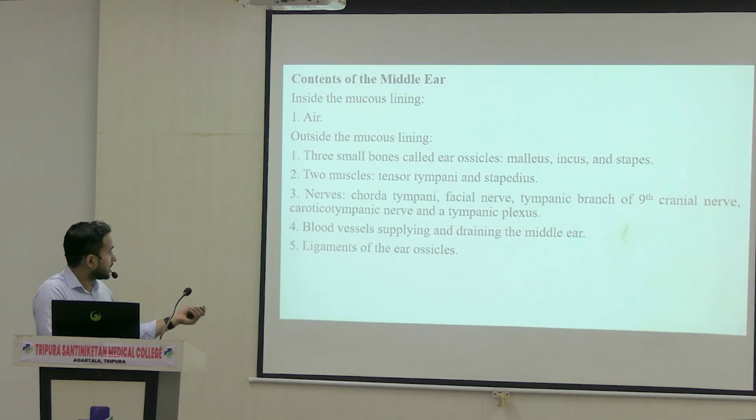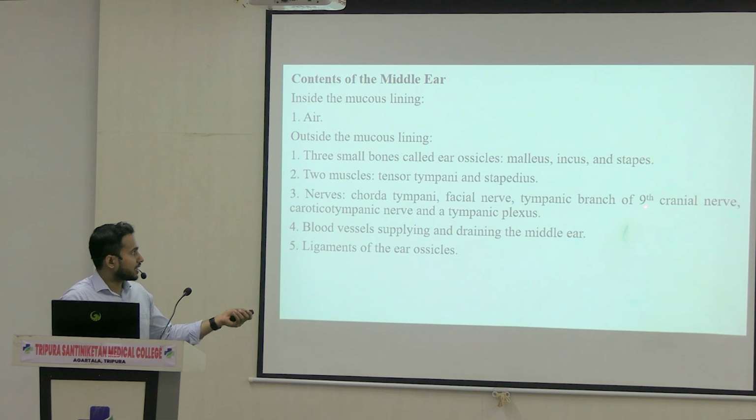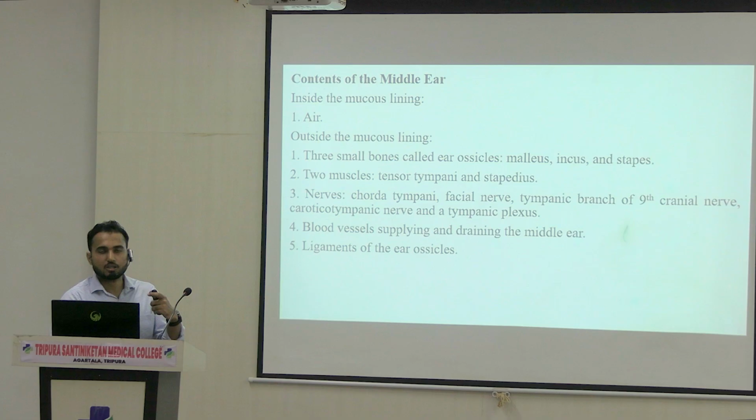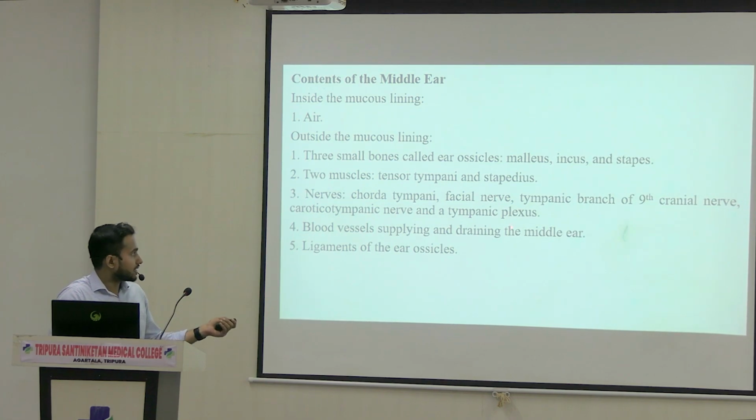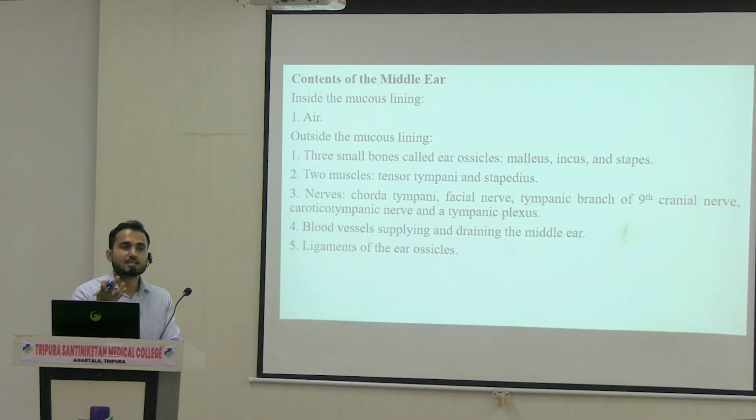First of all, the chorda tympani nerve, which is a branch of the facial nerve, then the main stem of the facial nerve passing through the facial canal, then the tympanic branch of the glossopharyngeal nerve, caroticotympanic nerve, which is coming from the superior cervical sympathetic ganglion, and lastly the tympanic plexus. So inside the middle ear cavity, a nerve plexus is formed, and that is called the tympanic plexus. Very important content of the middle ear cavity.